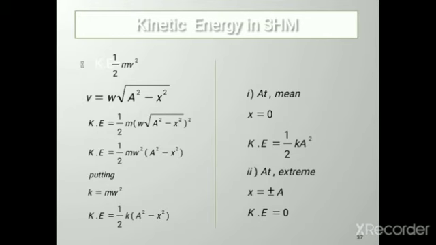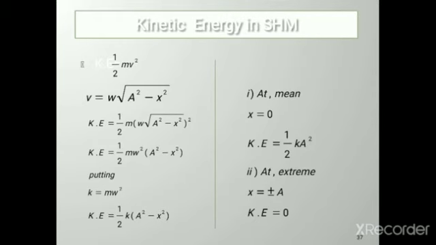Let us find out kinetic energy in SHM. You know the formula for kinetic energy: kinetic energy is equal to half m v square. What is v? v is the velocity, and in SHM, velocity is given by omega square root of (A square minus x square). By simply substituting the value of v, you can calculate the kinetic energy.